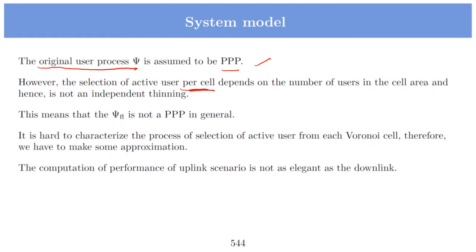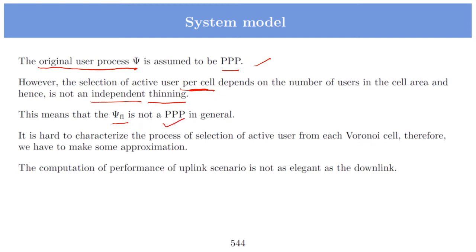So of course there is some dependency in the location of users, so this cannot be a PPP. This thinning which you are doing to select these active users is not independent, because if the neighbor user in the same cell is selected, then this user will not be selected. So once you do dependent thinning to get phi A, this is not a PPP.